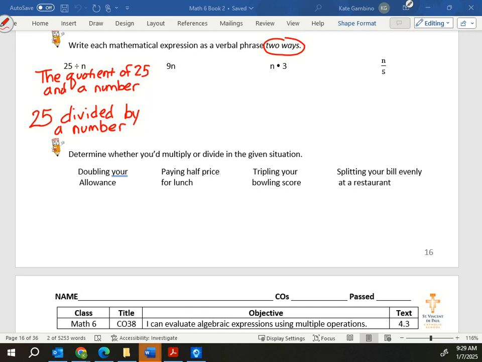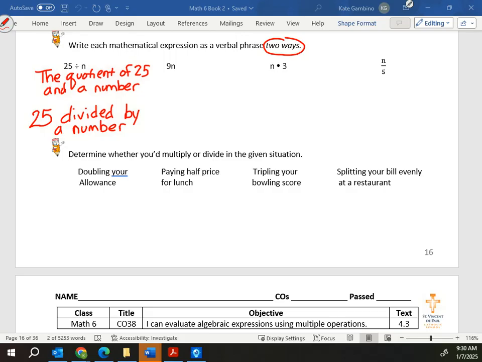I should see two verbal phrases for each mathematical expression, so make sure you're writing two. Another way would be to say 25 into groups of 5. So you can do any of those.